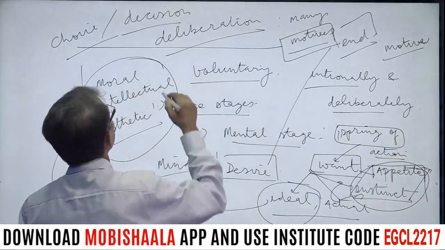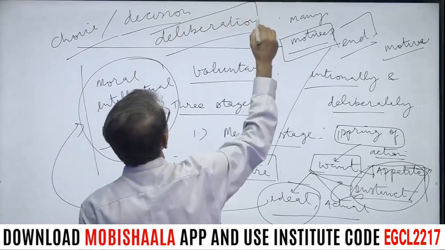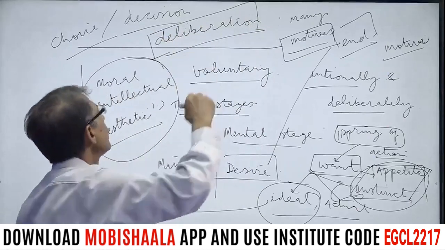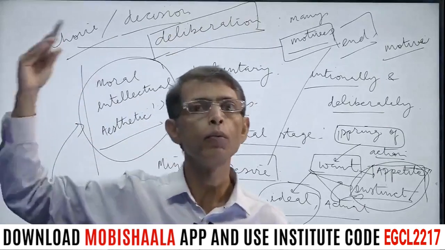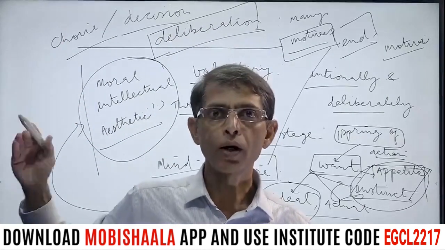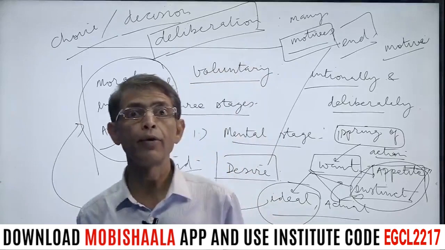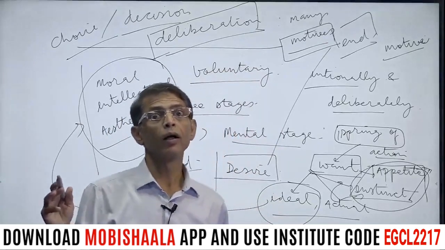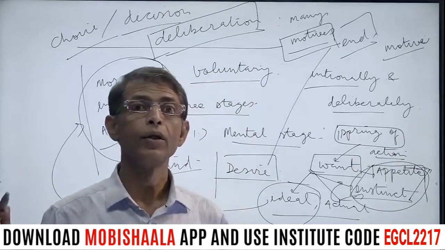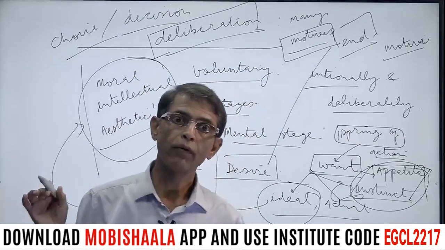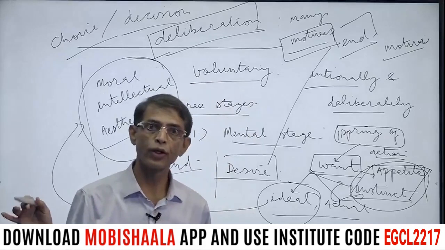Then he deliberates. Deliberation means weighing the pros and cons of all motives, and deciding one and rejecting the rest. So he decides one of them and rejects the rest.